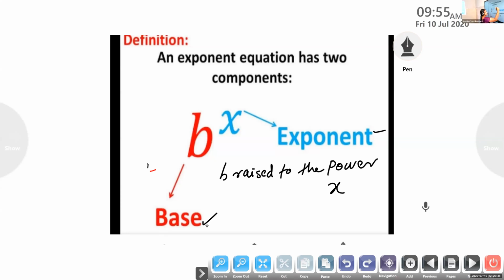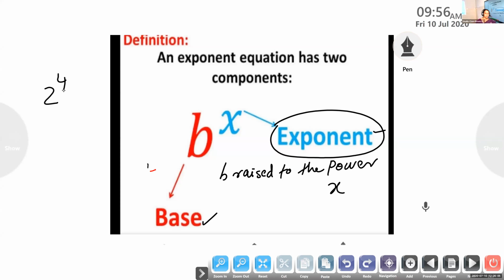What is raised to the power is known as the exponent. Understood? And the number which is repeatedly multiplied is known as the base, like 2 raised to 4.